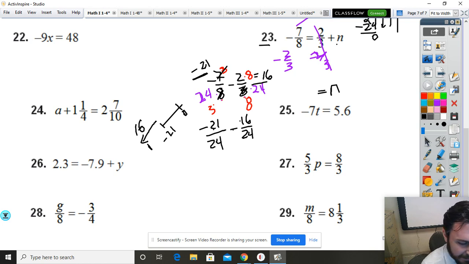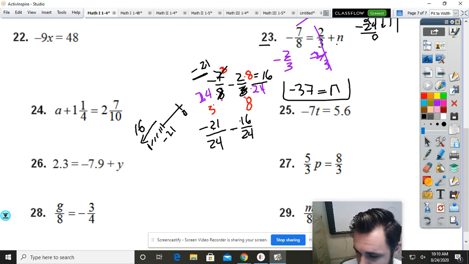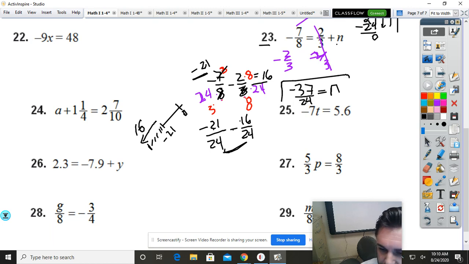If I count 16 units in the negative direction, what I end up getting is negative 37. And I'm not done. Let me take that back, because this is a fraction. This is negative 37, but remember it's over the common denominator of 24.